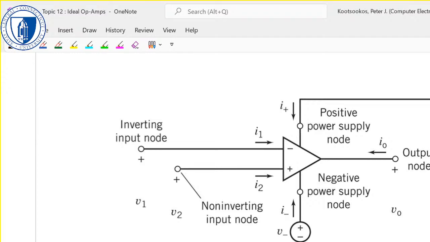So here's a circuit. And this is the way you would connect it up. You'd have a negative supply, you'd have a positive supply, you'd have an inverting node in, you'd have a non-inverting node in, and you have an output node. And the easiest way to analyze circuits with op-amps in them is using Kirchhoff's current law.